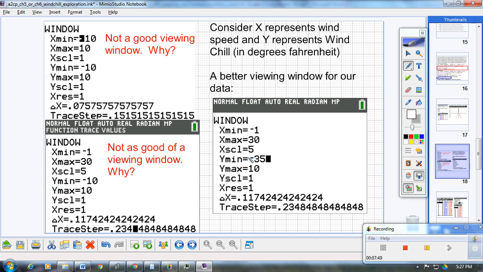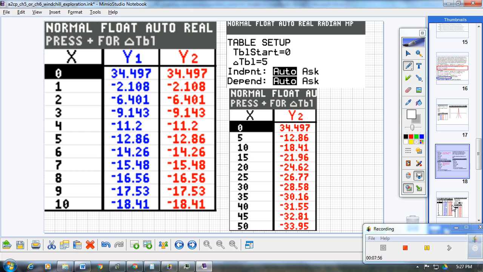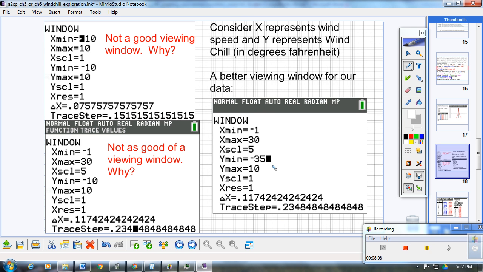That's how I selected, hey, I want my X-min to be -35. I had to look, hey, what is the temperature for my max wind speed here? Well, for a 50-mile-an-hour wind, and this is if the temperature is -2, we're going to get something around -34 degrees Fahrenheit. I called it -35, made it a day.